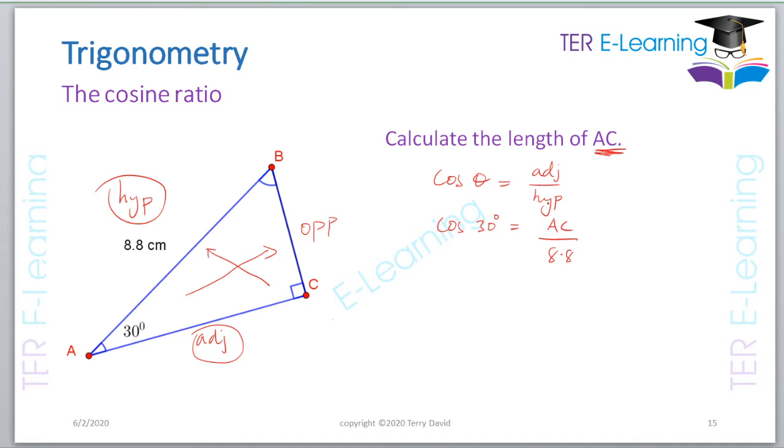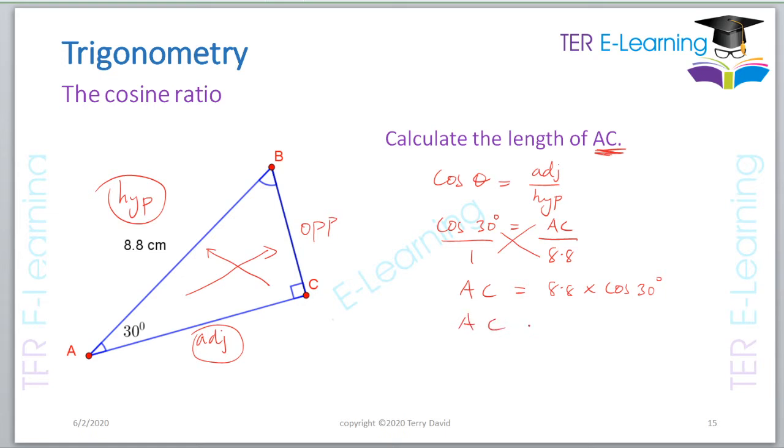Now, at this point here, we're going to write cos 30 as cos 30 over 1 because I'm going to have to cross multiply, right? So what we're saying is that this multiplied by this is equal to AC by 1. But I want AC to be on my left hand side. So therefore AC is equal to 8.8 multiplied by cos 30 degrees.